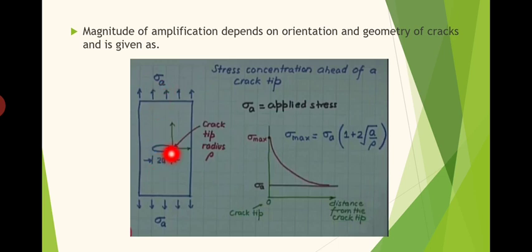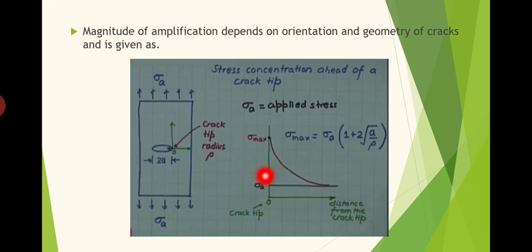At the crack tip, if you draw the stress diagram, it will be something like this. And here rho is the crack tip radius, or we can say it is the radius of curvature of the elliptical crack, or simply the radius at this crack tip.